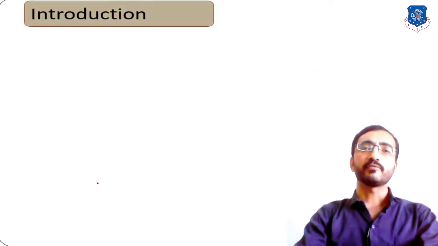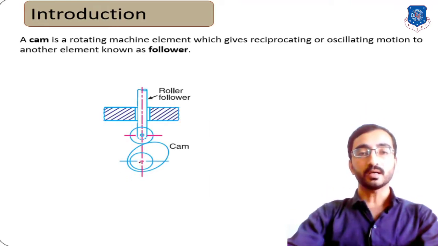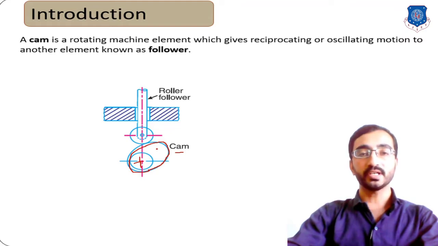Okay, so first of all, cam and follower. It is an arrangement in which we are considering one element as a cam which is continuously rotating, and we are keeping this cam slightly eccentric.